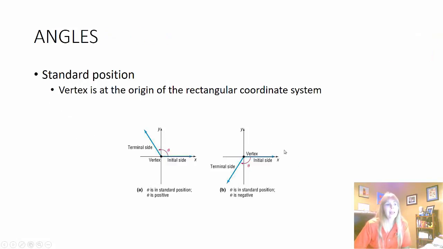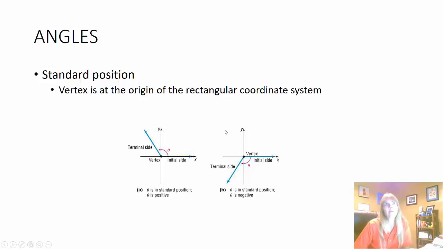We say that an angle is in standard position if the vertex is at the origin. So there's the origin right there. I start with an initial side, and then I go whatever distance my angle is, in this case theta. Wherever it stops becomes my terminal side, and I can say this is in standard position.